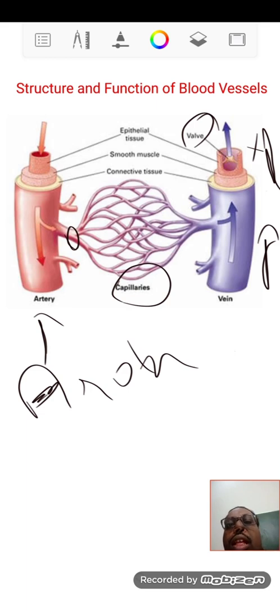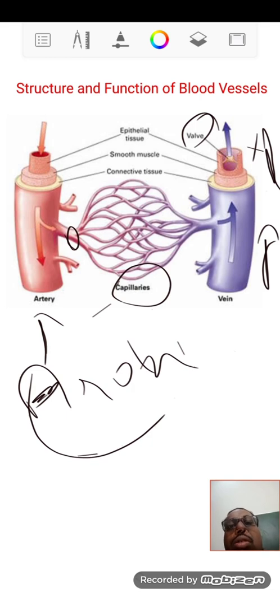If you remember the last structure, you have seen the aorta. When the heart is pumping, in order to maintain the pressure, the aorta is required. Then the aorta becomes arteries, arteries become arterioles, and arterioles become capillaries. Why are they becoming smaller and smaller?